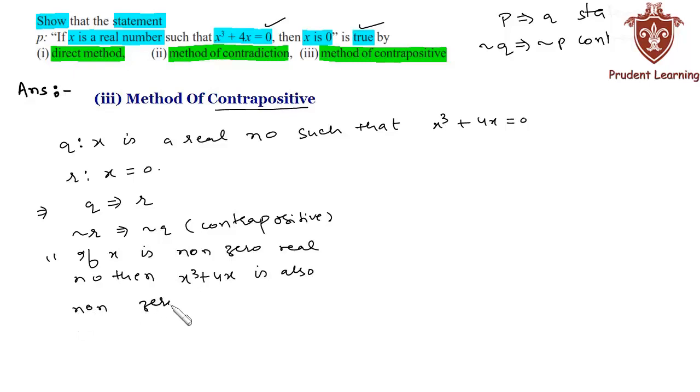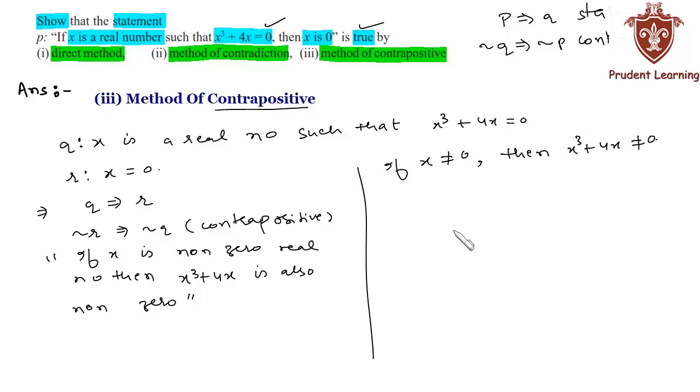Now this statement simply means that if x is not equal to 0, then x cube plus 4x is also not equal to 0. Now let's try to prove this.